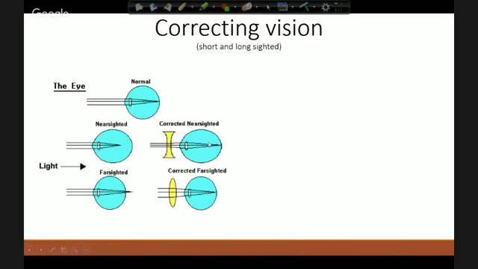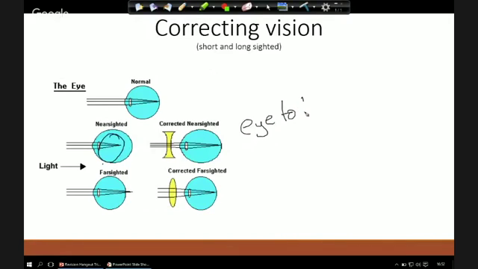So now these problems here with the focusing not working properly, we can say that this is for two possible reasons. You're short-sighted here because either your eye is too big, which sounds pretty insulting, or your lens is too powerful, which sounds a bit better. So I'm going to say I've got that.